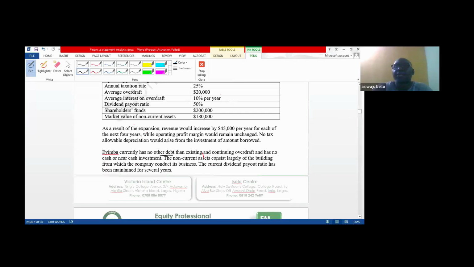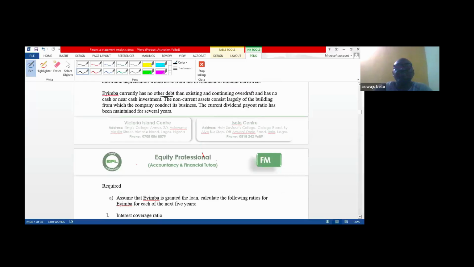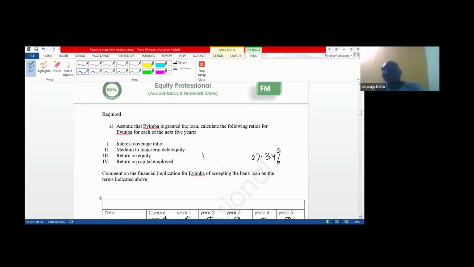Requirement B. Examiner says comments on the financial implication for AIMBA of accepting the loan on the terms indicated above.